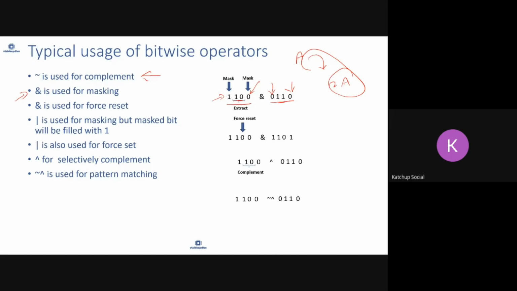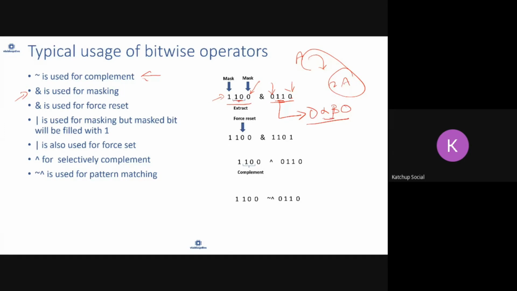Now let's see what will happen. Wherever you have 0, when you do AND, it will become 0. So the first bit will become 0 because this is 0. Then this is 1, so whatever the values here, let's say alpha and beta, these values will appear here. And this is 0, so it will become 0. So whatever values you wanted to extract will come here.